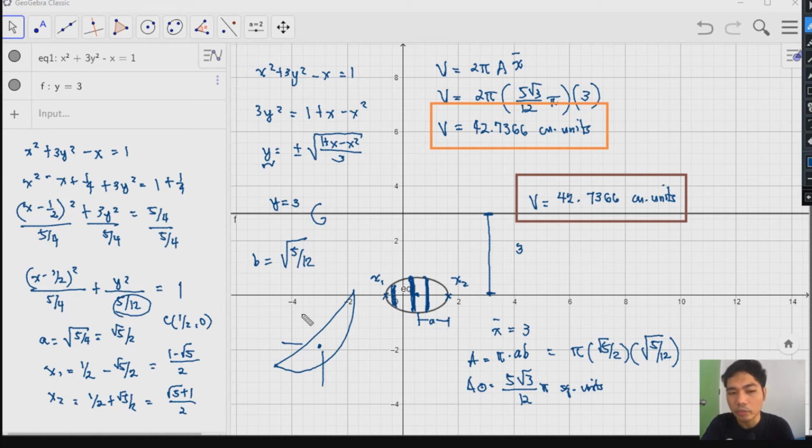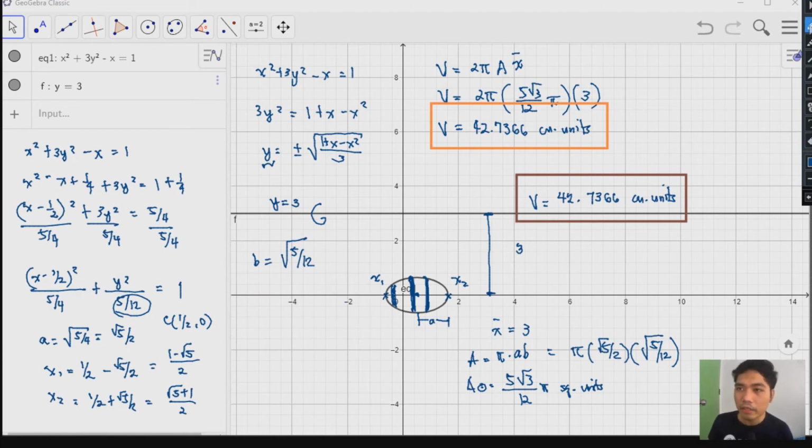That usually happens when we encounter areas between two curves, and the curves are not actually flat. So I would still suggest that you use your general formula rather than the theorem of Pappus in situations like this.